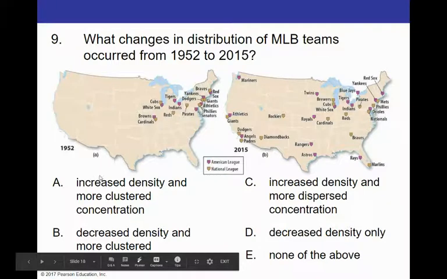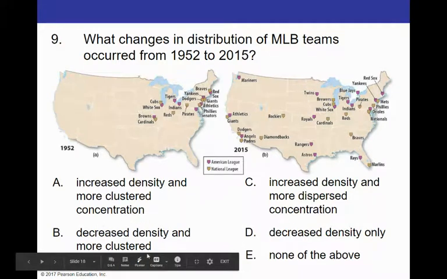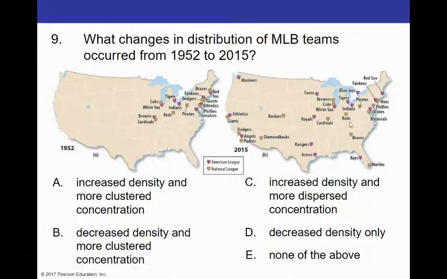A, it's talking about increasing density and more clustered. B is decreased density and more clustered. C is increased density and more dispersed. Or D, decreased density only. So looking at these maps, we have more teams and they're further away. So our correct answer here is C. We increase the density and increase dispersed concentration.